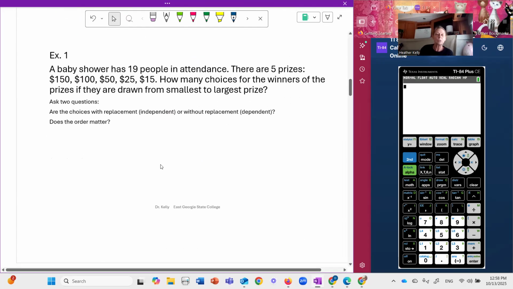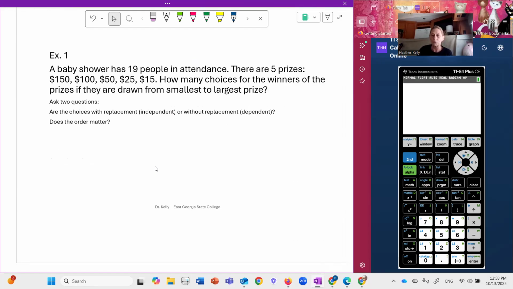So let's do this first example. It says a baby shower has 19 people in attendance and there are five prizes: $150, $100, $50, $25, and $15. How many choices for the winners of the prizes if they are drawn from smallest to largest prize? Okay. So first off, it specifically says drawn from largest to smallest.